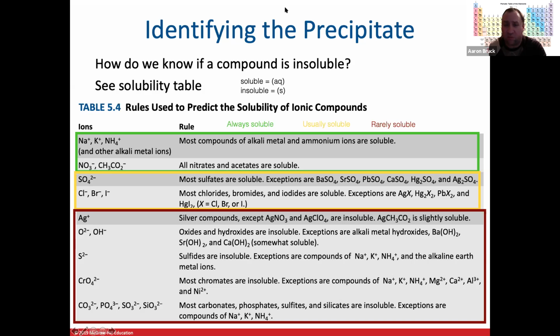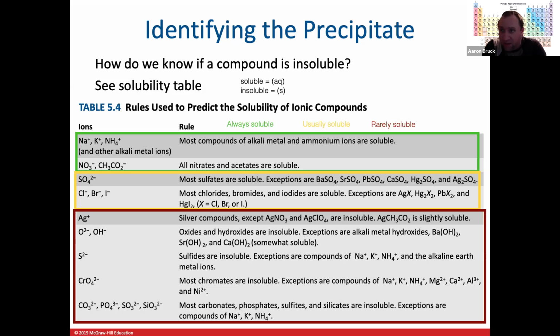Now, one piece of particularly good news is you are not going to be alone in the evaluation. You will be given a solubility table like this in pretty much every circumstance where you might have to identify a precipitate.